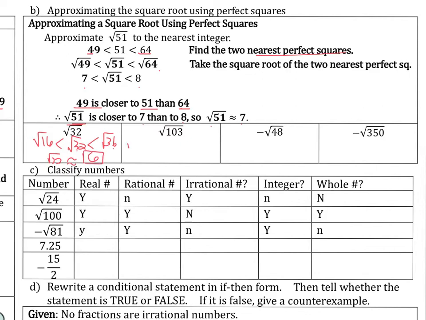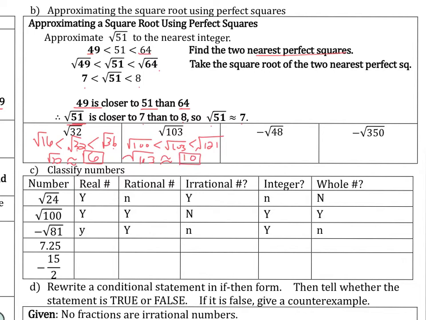Now for this one, the square root of 100 is very close to 103. And the next one will be 121. That's too far away. So the square root of 103 is very close to 10.